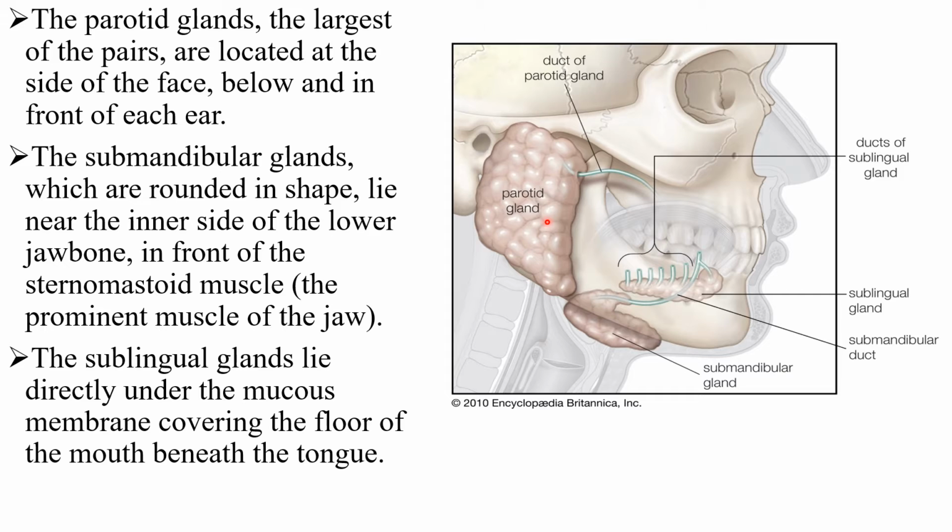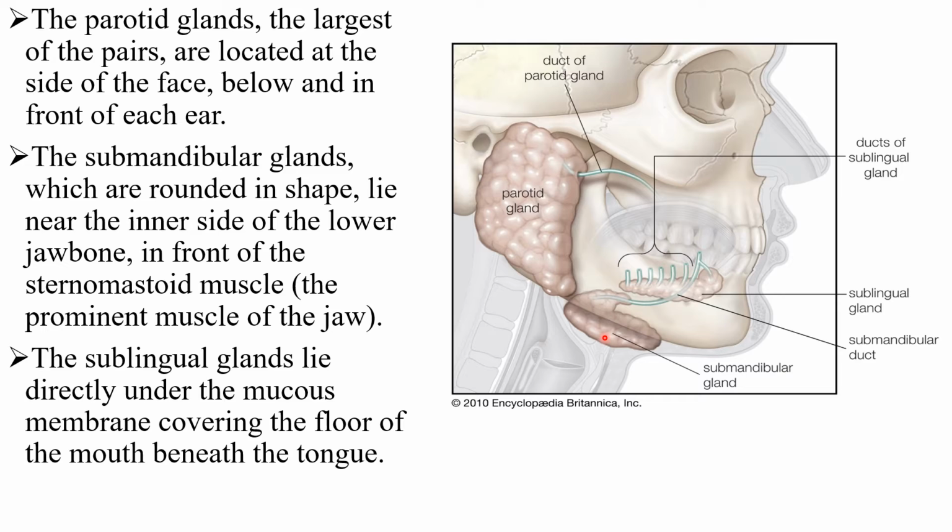The submandibular glands, which are rounded in shape, lie near the inner side of the lower jawbone, in front of the sternomastoid muscle, the muscle prominent in the jaw.